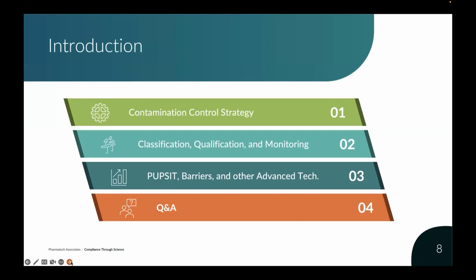First, we'll be talking about the contamination control strategy, and what we mean by classification, qualification, and monitoring. We're going to talk about PUPSIT. New sections have been revised and added based on barriers and other advanced technologies such as single-use systems and closed systems. And finally, we'll have questions and answers.